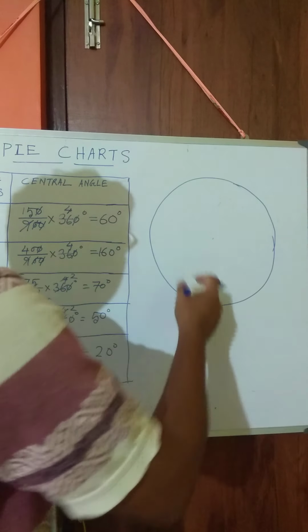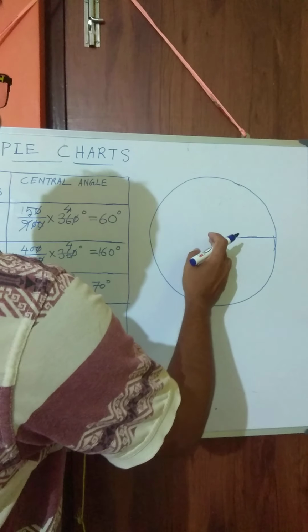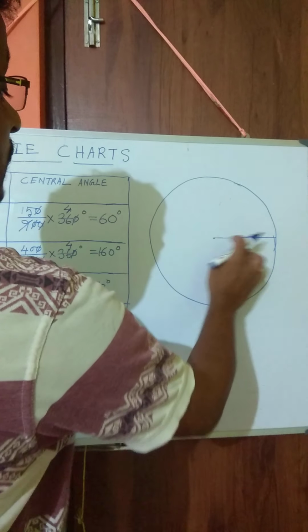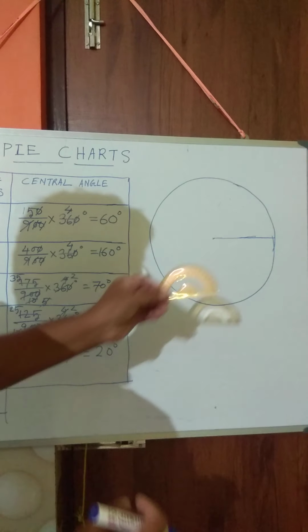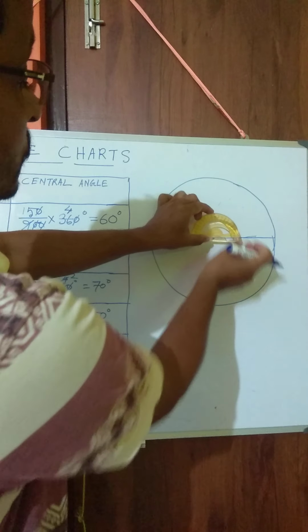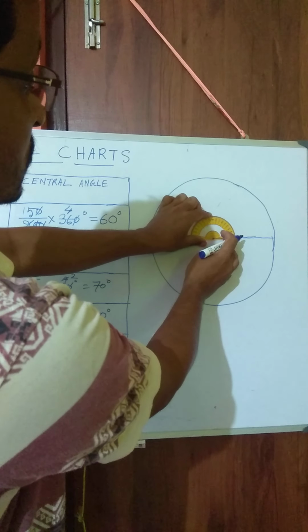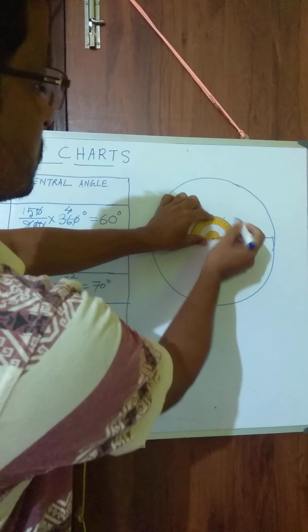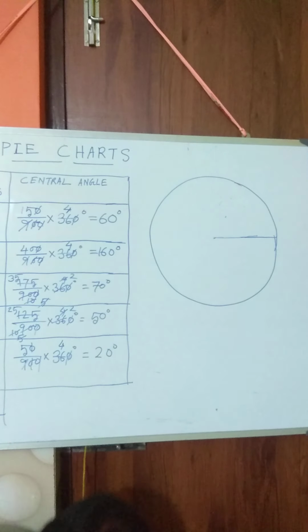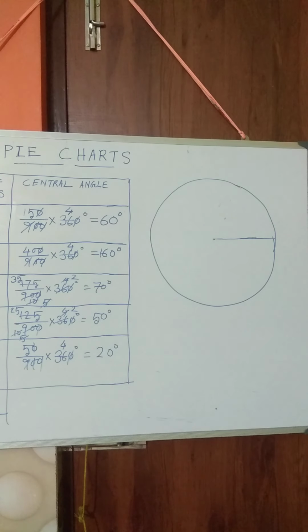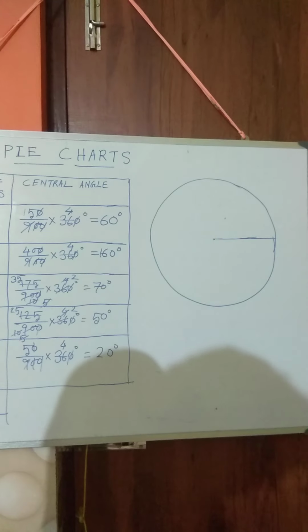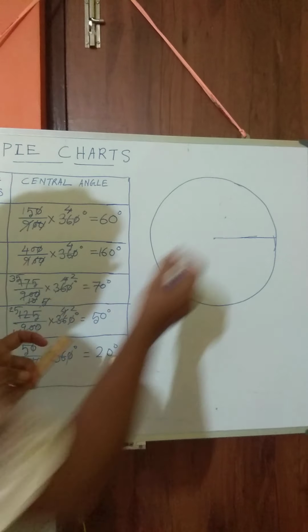Now, first draw an angle of 60 degree where this is the initial line. Draw it with the help of a protractor. I have a small protractor, this one. In your copy you put this, you know how to draw the angle. So this is the 60 degree angle.